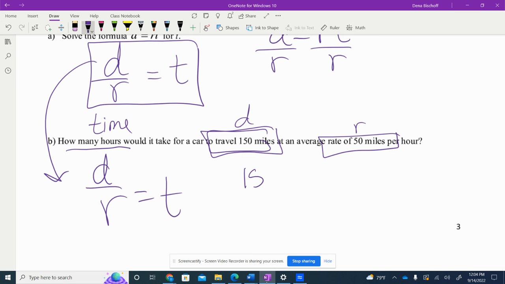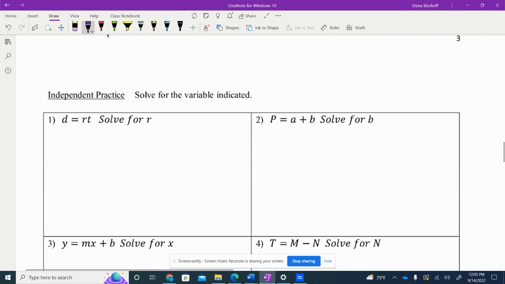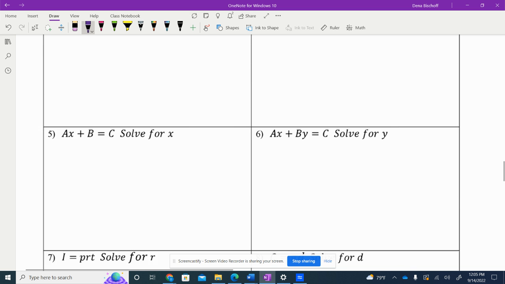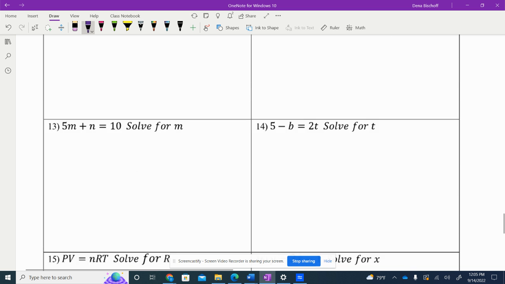D is 150 divided by R, 50, and that'll tell me how much time it would take. What is 150 divided by 50? So T equals 3 hours. Okay? So this is what y'all are working on for today.